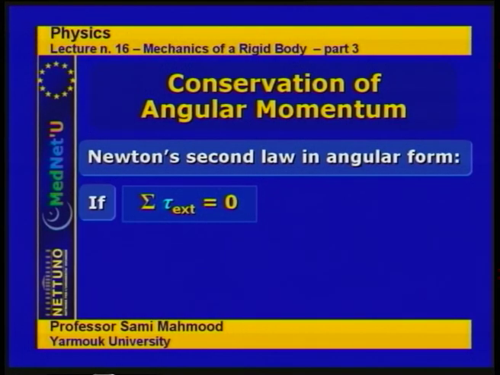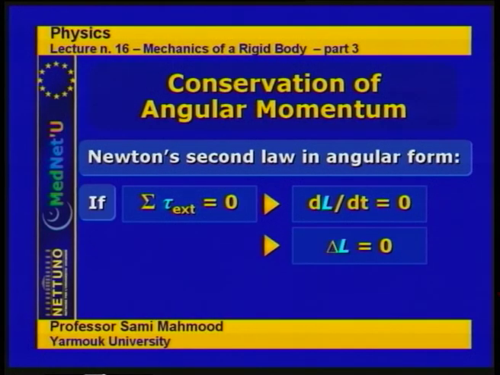If we have an isolated system, which means the total external torque acting on it is 0, then dL by dt for the system, which is the rate of change of its angular momentum, is 0, which implies that the angular momentum of the system is constant.